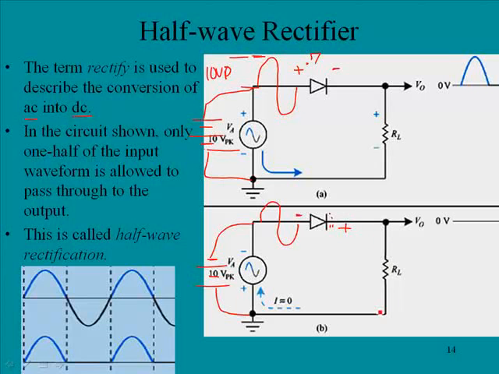They're going to be attracted to the positive terminal here, and this will cause the depletion region to become very wide, and effectively this will be an open circuit, and there'll be no current flow here, and so there is no output. So the end result is that we have an AC signal coming in, and at the output we get half of it, and then it cuts off. And if we continued on here, you'd have something that looks kind of like this. And this is what we talked about, half-wave rectification.